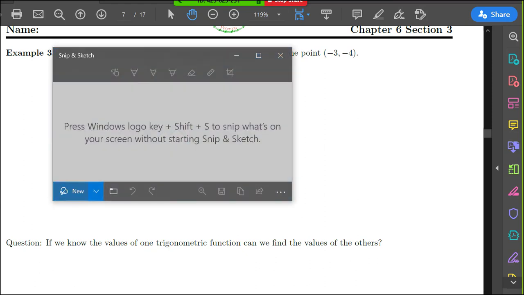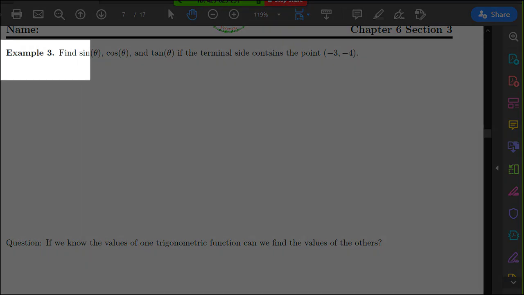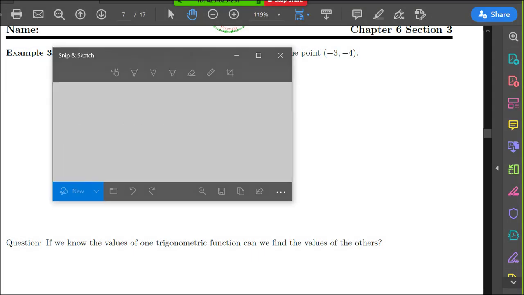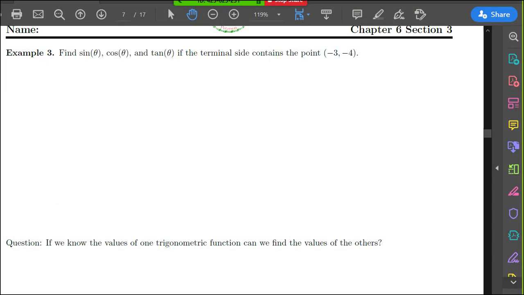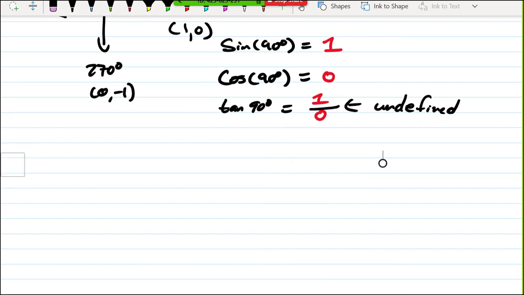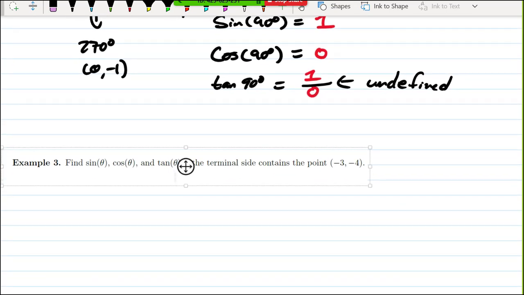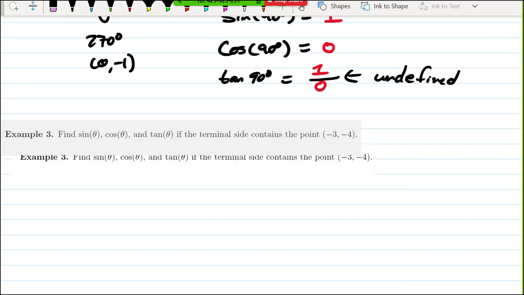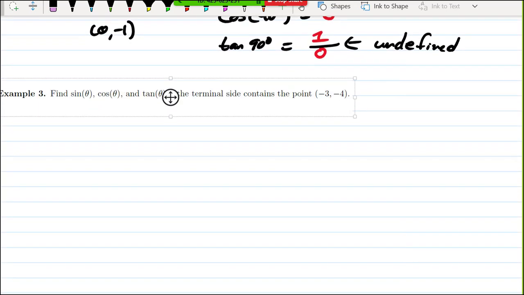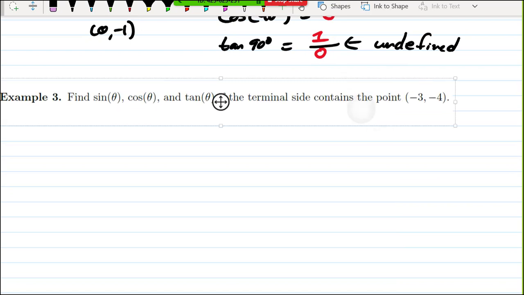So example number 3, we wish to find sine theta, cosine theta, and tangent theta for a terminal side that contains the point -3, -4.